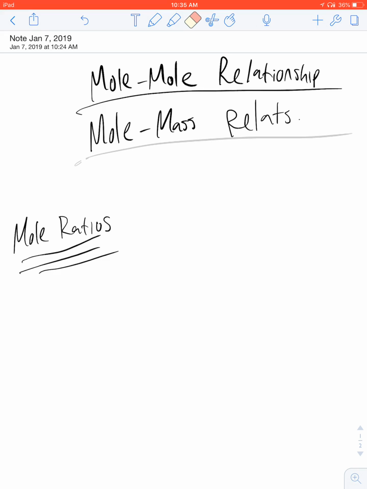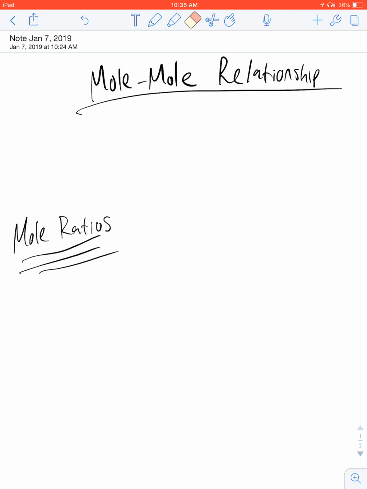We're going to start off with the mole-to-mole relationships, and then we'll work our way to the mole-mass relationships. Now, in order to do these, we need to understand mole ratios, and then we need to remember from last semester how to convert between moles of a substance to grams of a substance. And we'll revisit that in just a little bit.